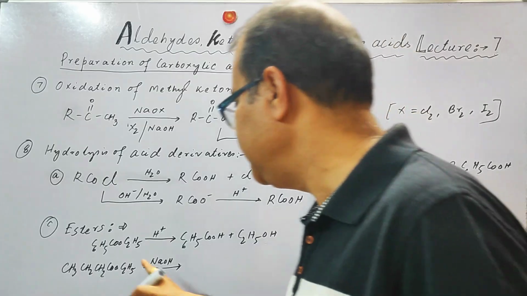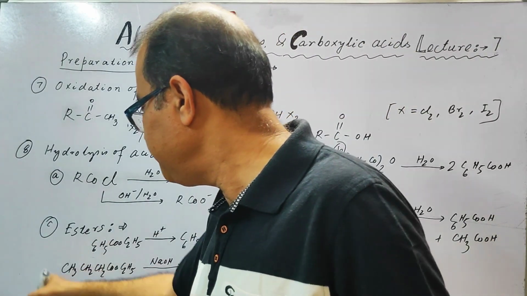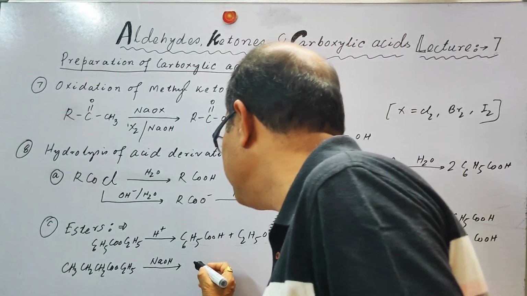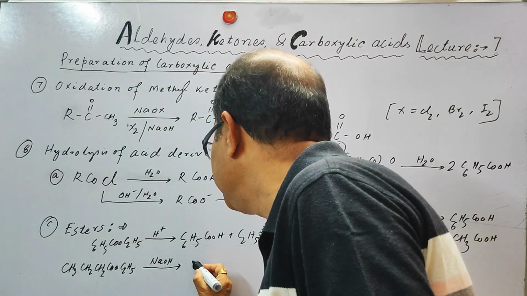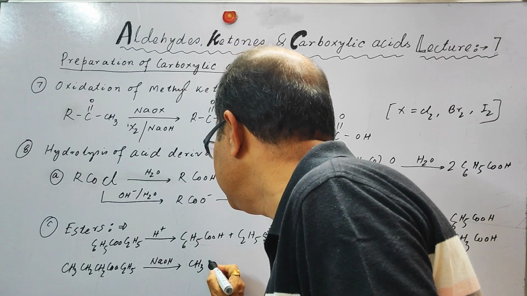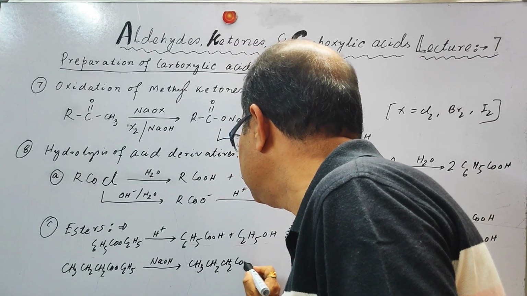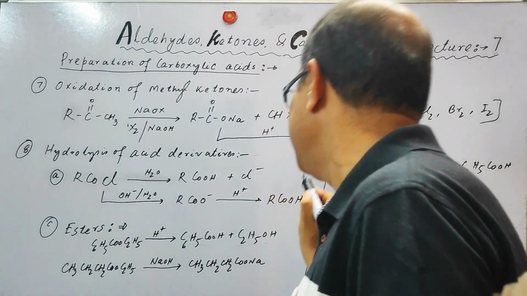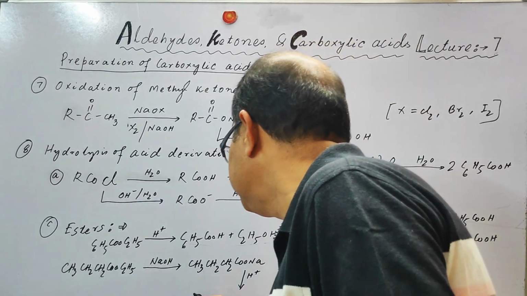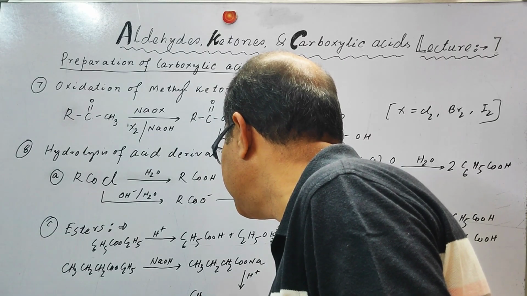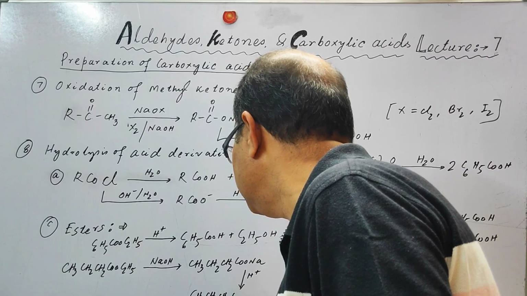This ester name is ethyl butanoate and it is going to produce the sodium salt of butanoate, CH3CH2CH2COONa. And when it is hydrolyzed, it will produce butanoic acid, CH3CH2CH2COOH.